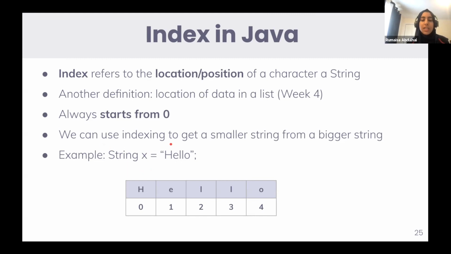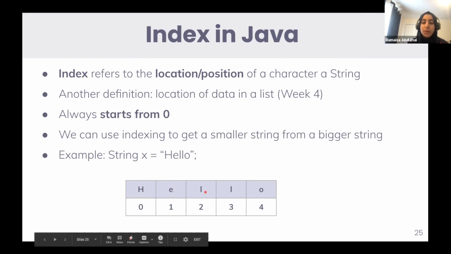So we can use indexing to get a smaller string from a bigger string, and we'll look at this when we take a look at one of the string methods, which is called substring. So yeah, we went over this example, string x equals hello, and this is how the indexes would look for each character.